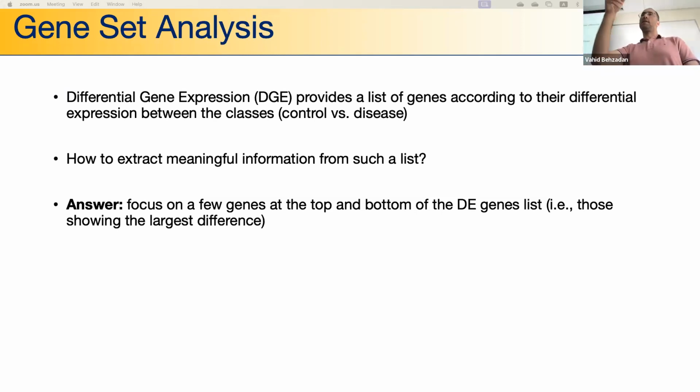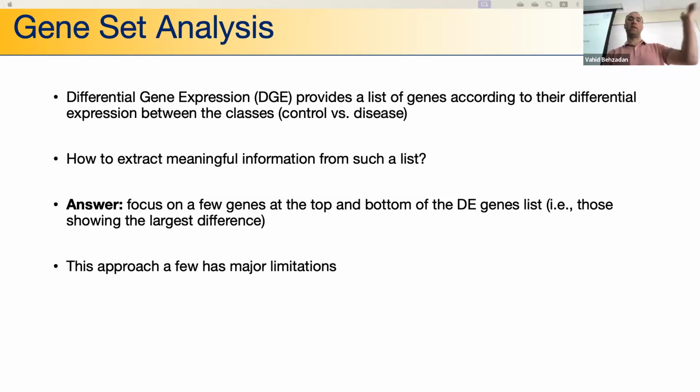If one gene is differentially expressed, but the others are not, that means this pathway or process is not as active as we thought. So instead of looking at individual genes, we look at the whole pathway and see how it changes between one condition to another or one cluster to another.